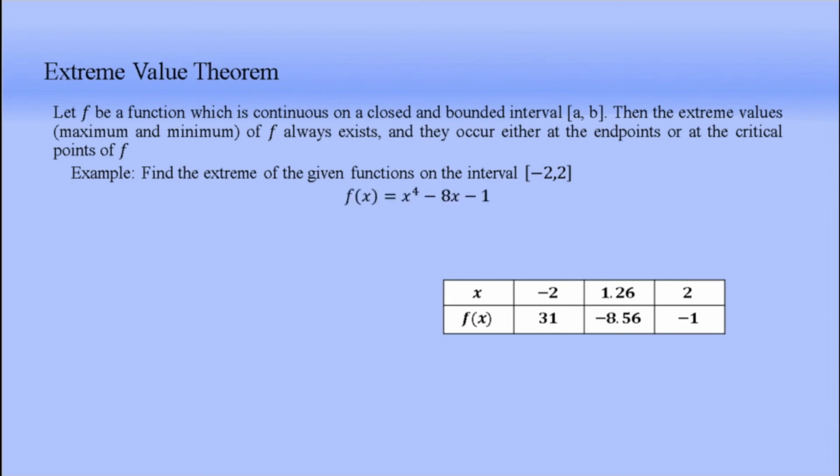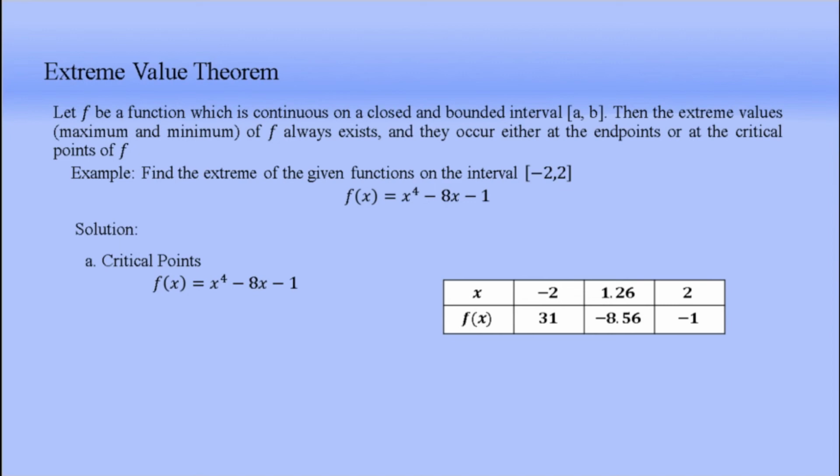So we have f of x equals x raised to the 4th power minus 8x minus 1. So first, we are going to find the critical points of the function by finding the derivative of the function.